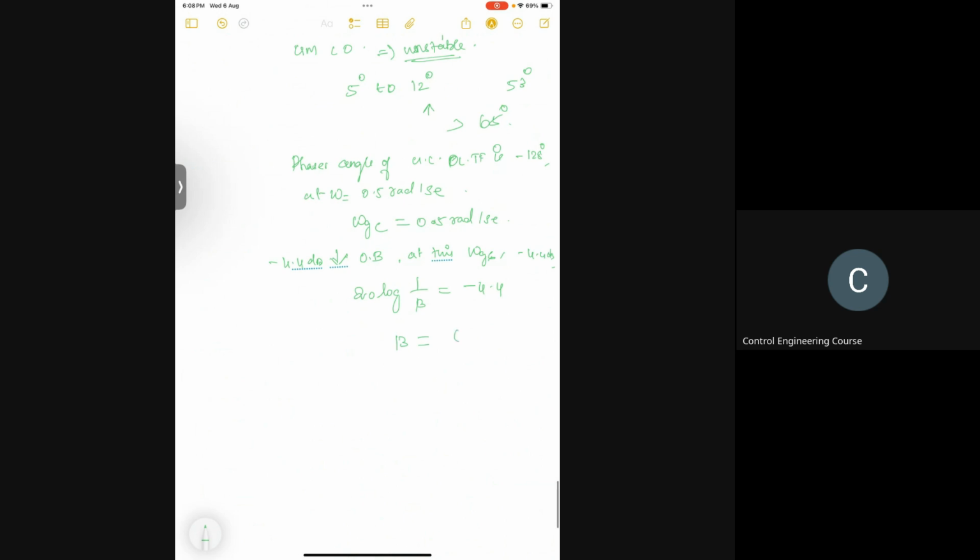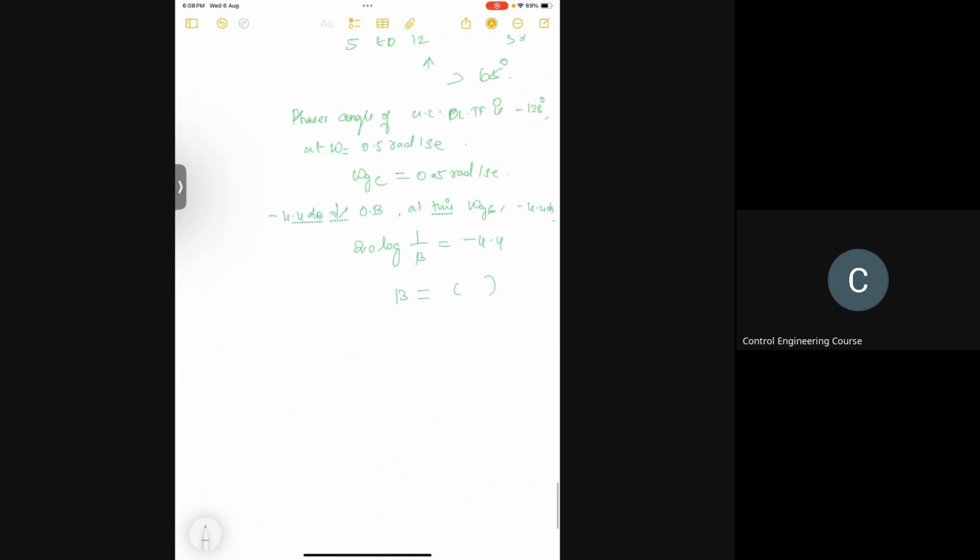We will get some value for beta here. The next step is the other corner frequency that you want. One corner frequency is 1 by T, and the other corner frequency is 1 by beta T. So omega equal to 1 by beta T corresponds to the pole of the lag compensator. 1 by beta T is equal to 0.01 radians per second.